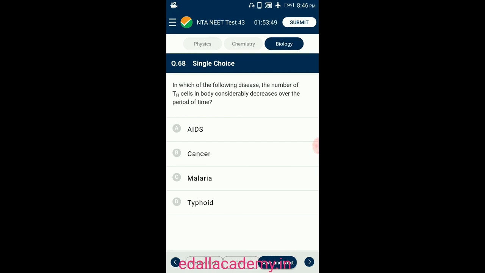HIV enters into T4 lymphocytes, replicates and produces progeny viruses. The progeny viruses released in the blood attack other helper T lymphocytes. This is repeated, leading to a progressive decrease in the number of helper T lymphocytes in the body of the infected person. So the answer for this question is option A, AIDS.